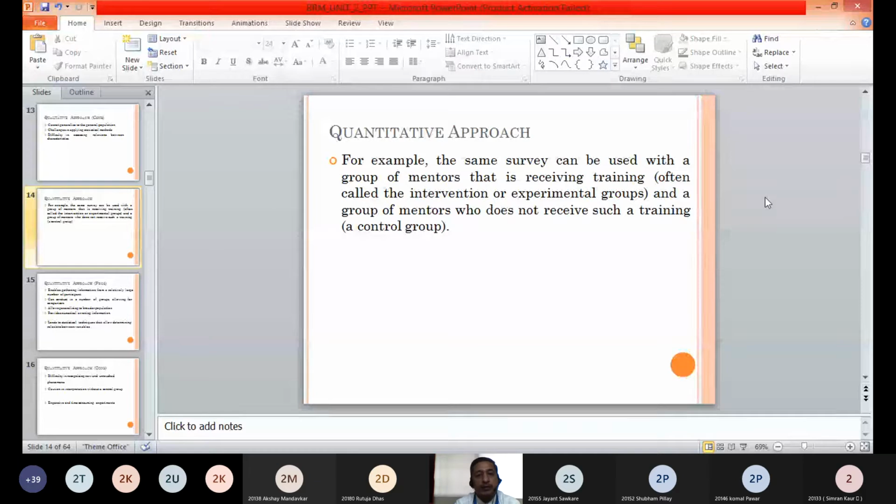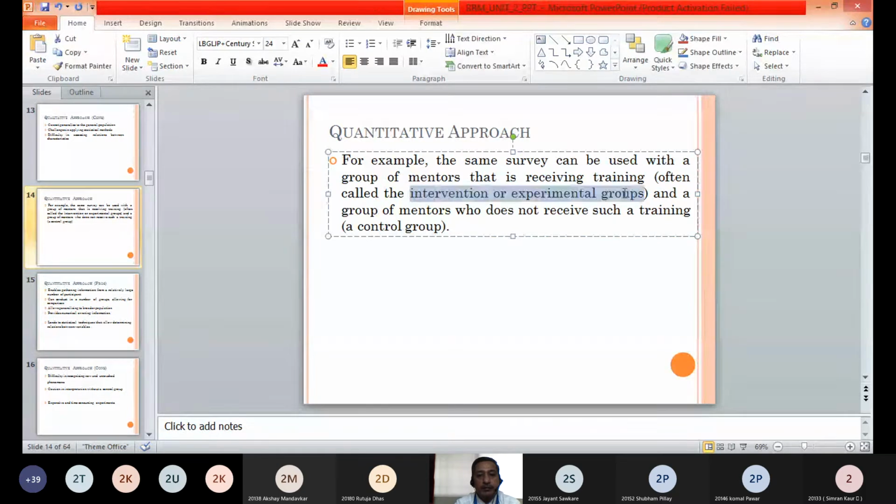For that, we form two groups. One group is called the intervention group or experimental group, wherein the training is given, and there is another group of mentors who are not given any training. That type of group is called the control group.